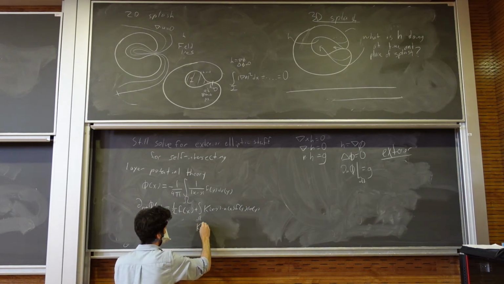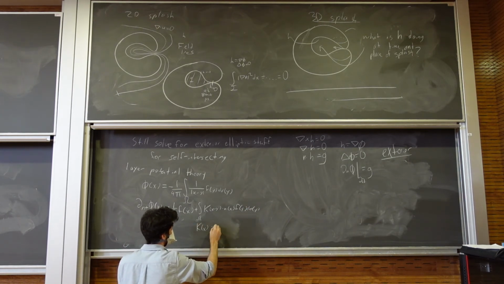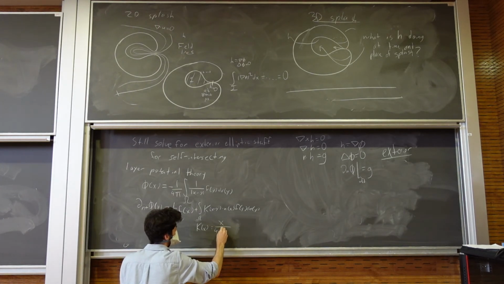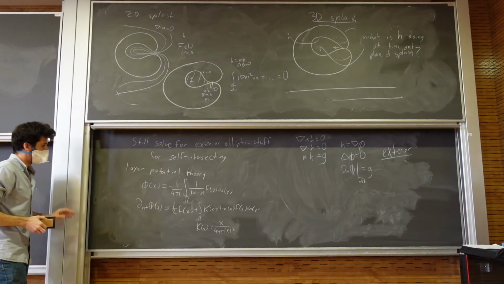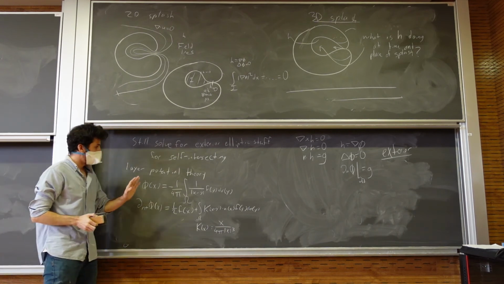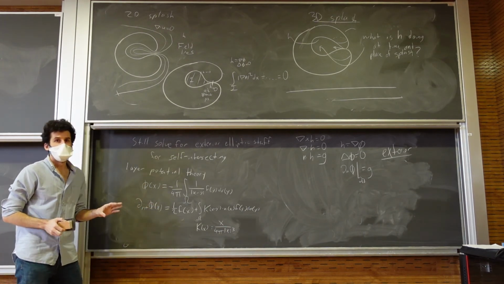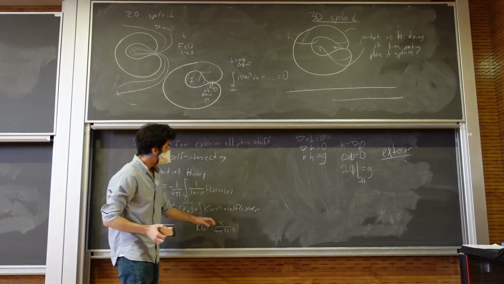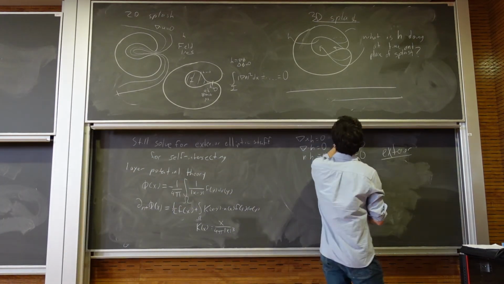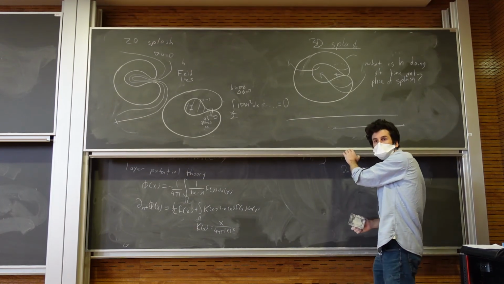where k is some function, x over 4 pi x cubed. And so again, you have to make sure that this limit is accurate, but the same calculations work. In particular, you just have to think of x arbitrarily close to the splash point.